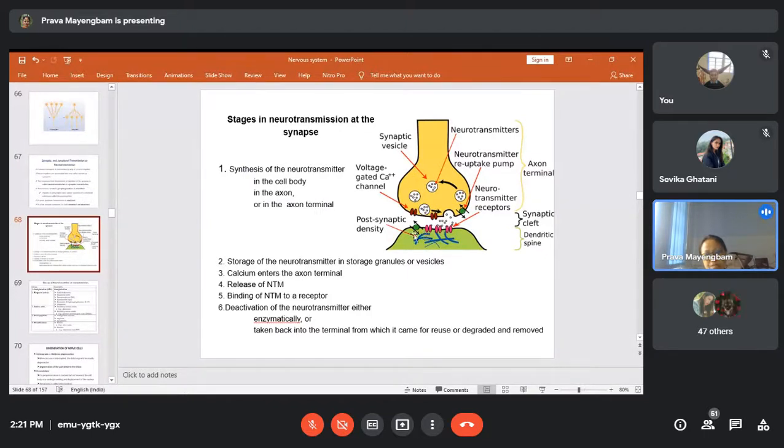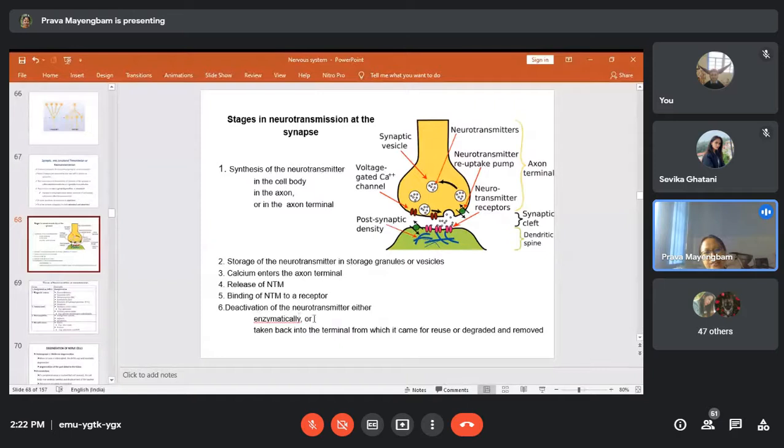Okay, so in the next step there will be release of neurotransmitter, and these neurotransmitters will find their receptors. The receptors will be present on the postsynaptic neuron. Then the neurotransmitters will bind to their receptors, and whatever neurotransmitters are left over unbound, maybe due to the unavailability of sufficient receptors, they will be destroyed or deactivated.